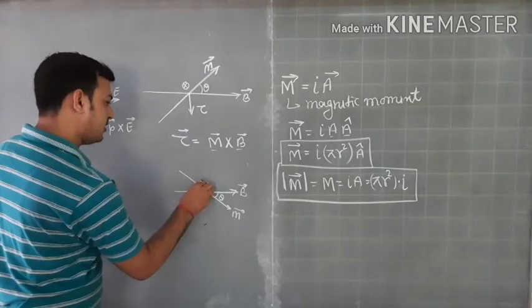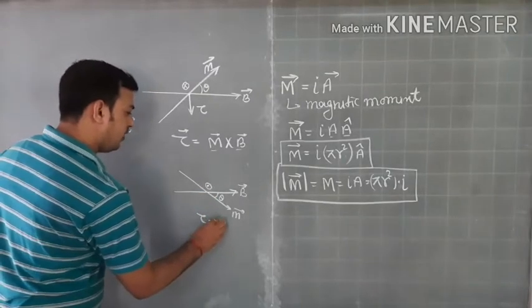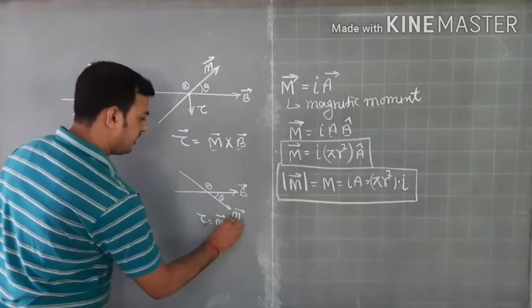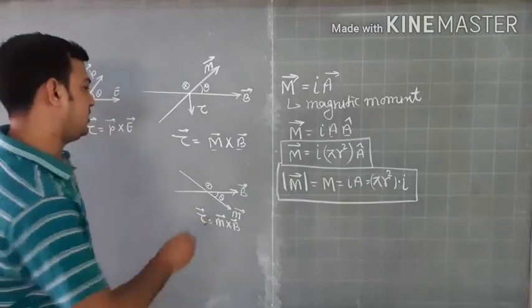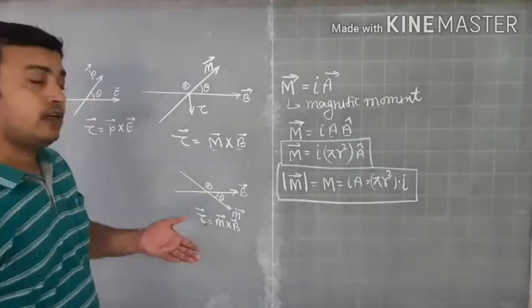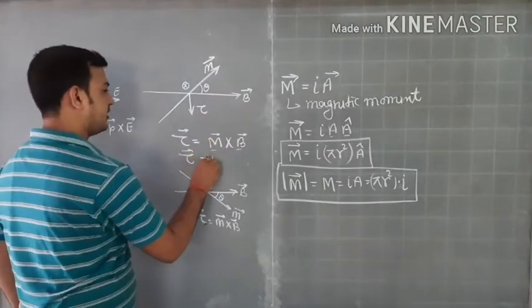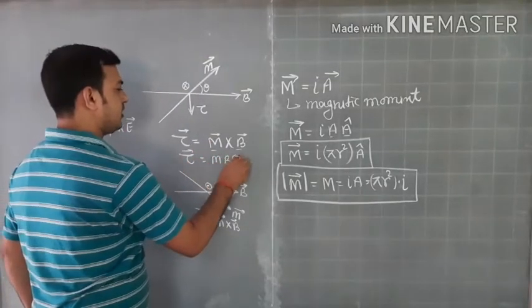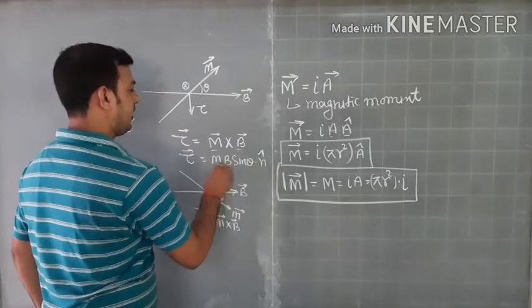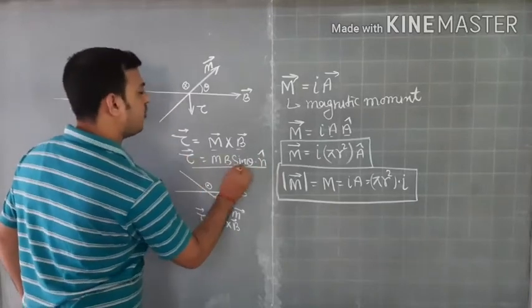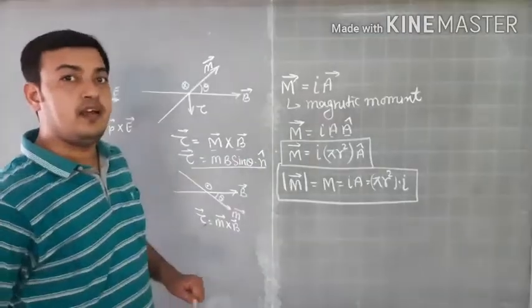So the torque in this case will be M cross B, but the direction is outwards. Of course, if you multiply these, we can write it as M B sine theta n cap. So for the maximum value of torque, theta must be 90 degrees.